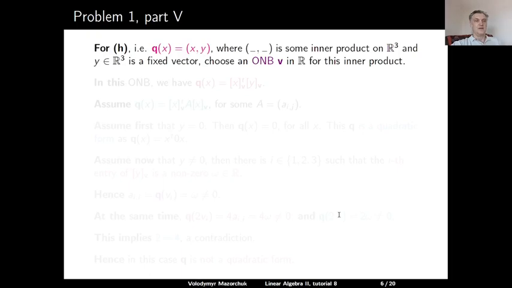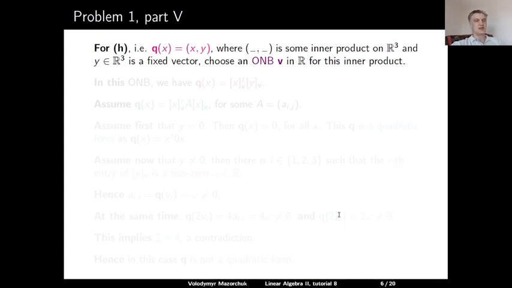And finally, for part H, we have q of x is equal to x inner product with y, where we have some fixed inner product on R3 and some fixed vector y in R3. Again, we choose an orthonormal basis V in R3 for this inner product.